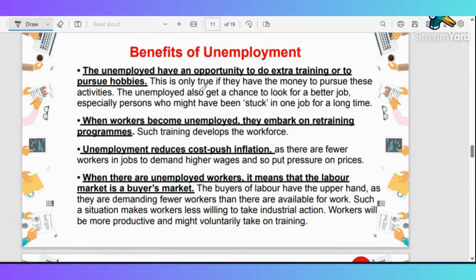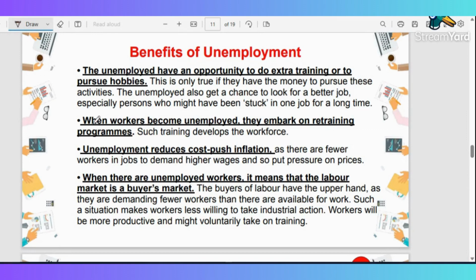The unemployed also get a chance to look for a better job, especially persons who might have been stuck in one job for a long time. Right? So this is straightforward. So when they're unemployed, during that time they have nothing they're doing. They can find extra training or pursue hobbies that they like. Right? So we see that.